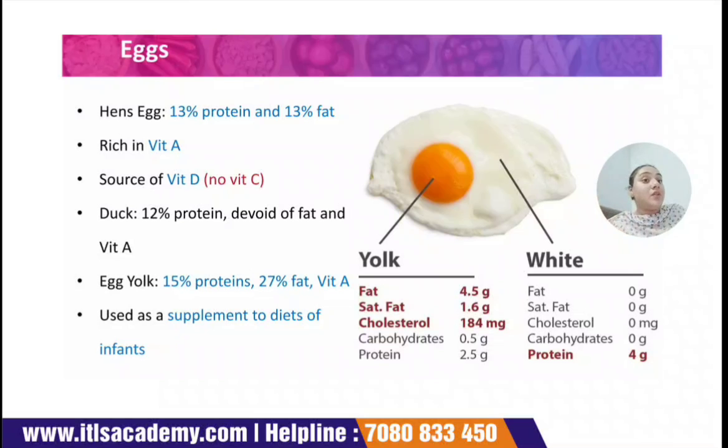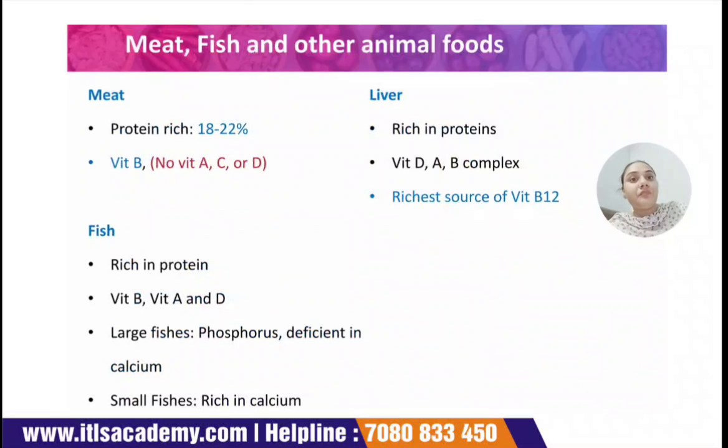So if a person wants to lose weight, he or she should always skip the yolk and consume the white part, because the white does not contain any fat or saturated fat, but it contains 4 grams of protein. If you compare yolk and the white portion, the yolk contains less protein.